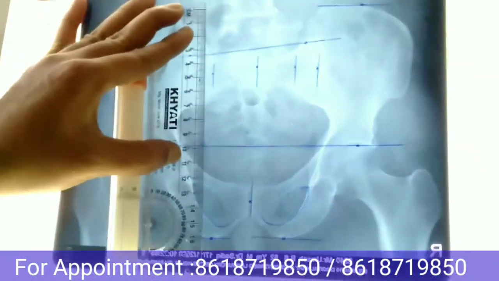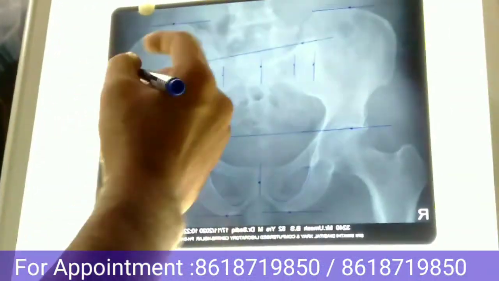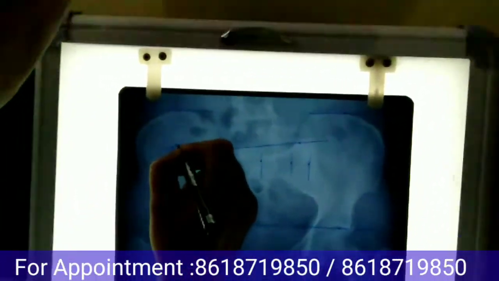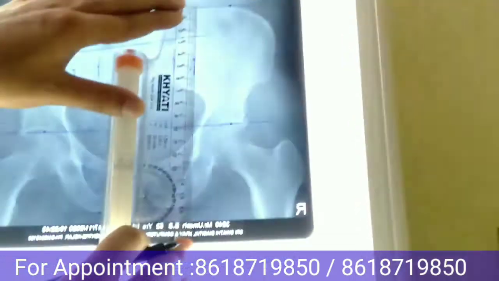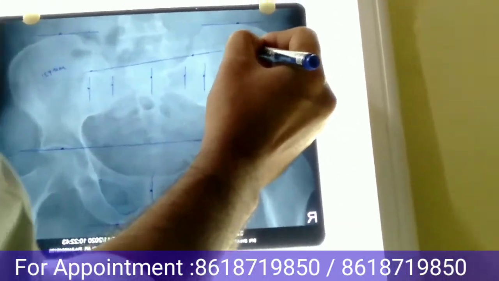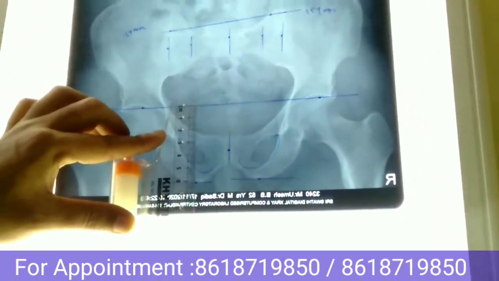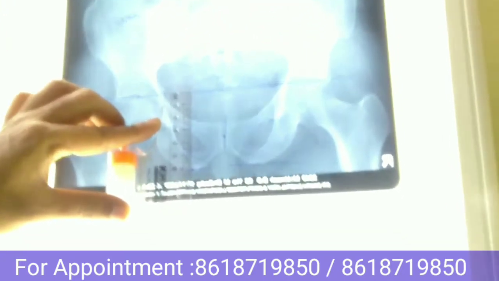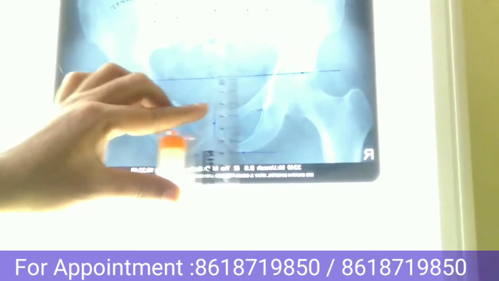So it's 159 mm. This is also the same, 159 mm. And again we are going to match the femur head line. So it is 61, and this side also 61.